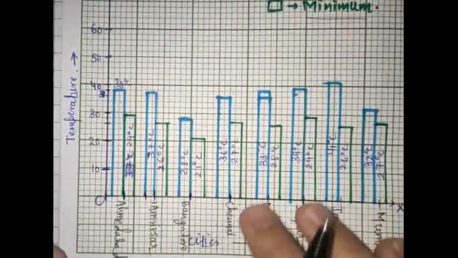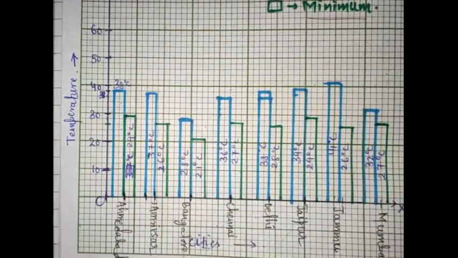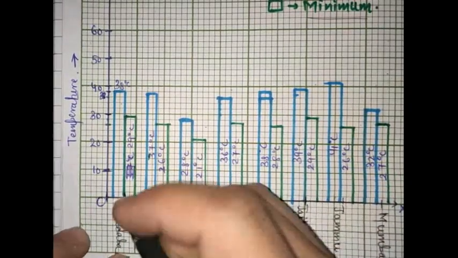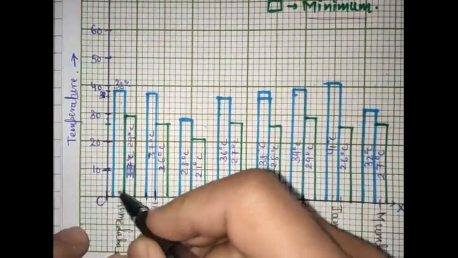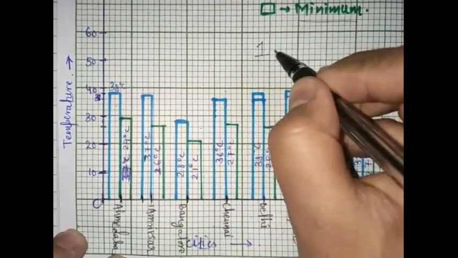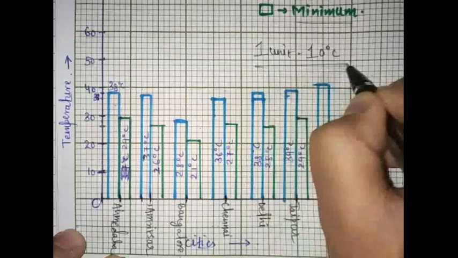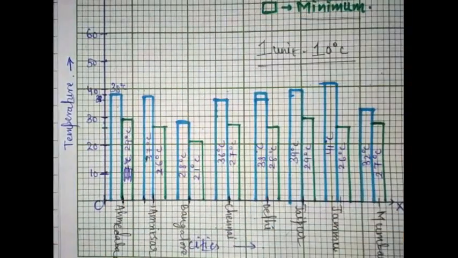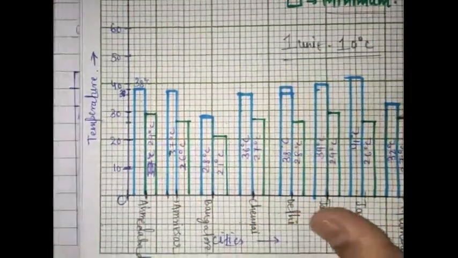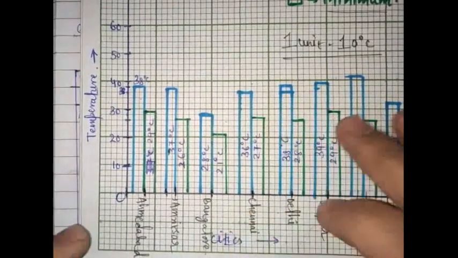In 1 unit I have placed 10 degrees, so 1 unit is equal to 10 degrees Celsius, and as you go up it increases by 10 degrees Celsius. With this I have made the double bar graph.